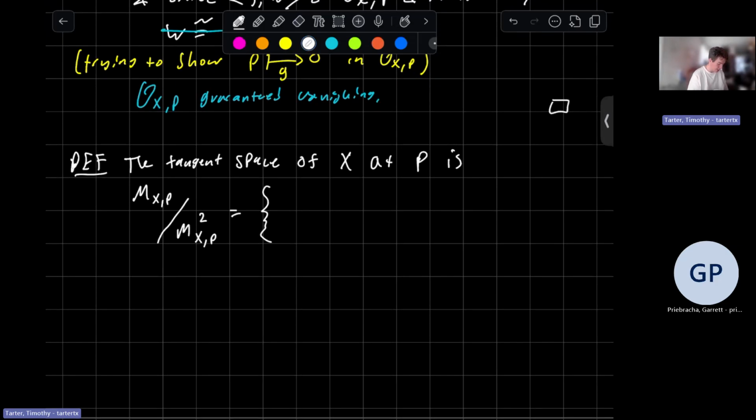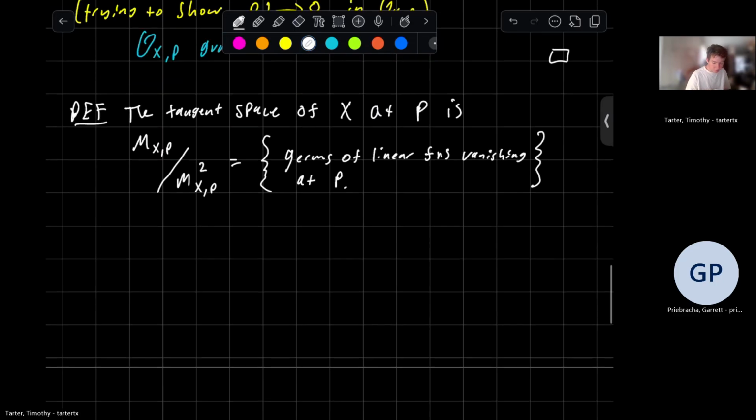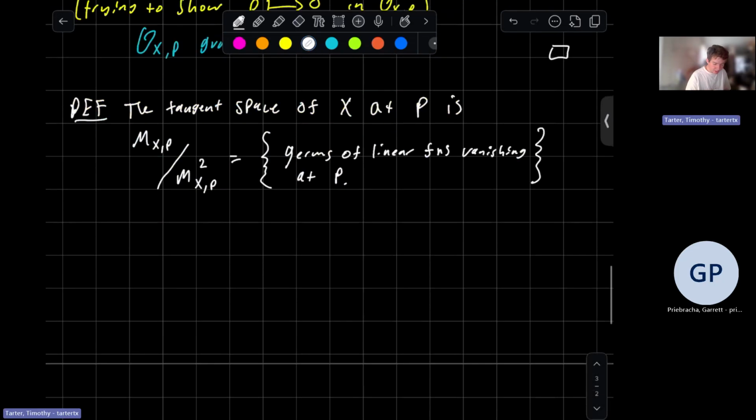And this ends up being the germs of linear functions vanishing at P. Right? And so what this gives us is a ton of linear functions that go through the point P and evaluate to 0 and give us a tangent bundle around it. And so this is the tangent space.